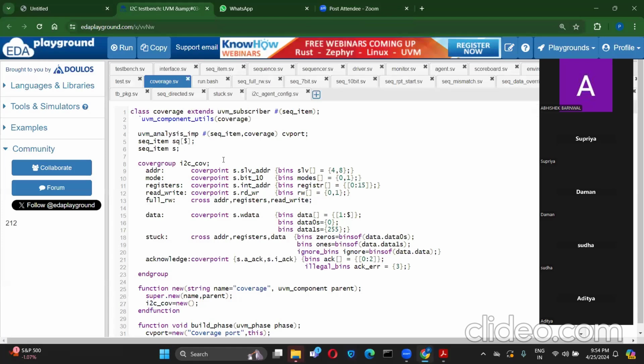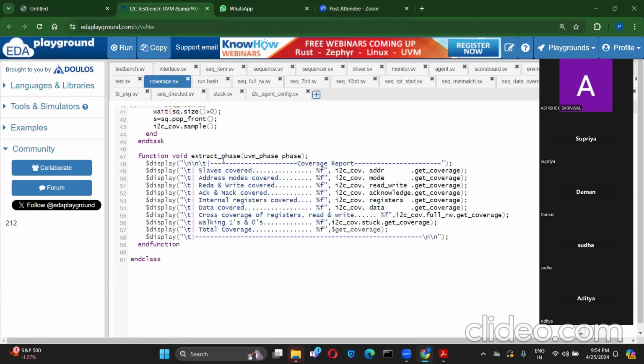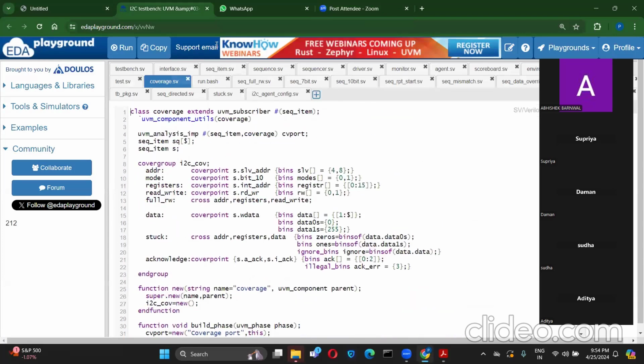Okay, so this is one of the coverage codes for the I2C. Here, if you observe, the coverage class is extended from UVM subscriber. I think most of you are not aware of UVM, but that's okay. Just remember it for your knowledge.